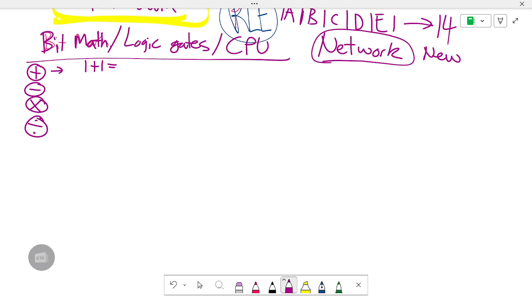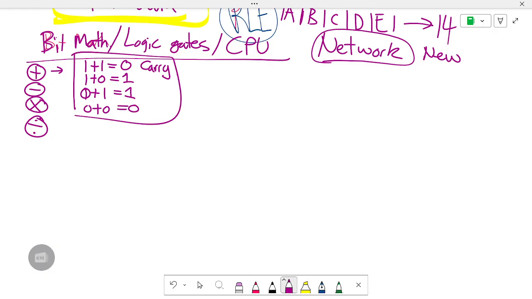It is equal to 0 with a carry. 1 plus 0 is equal to 1. 0 plus 1 is equal to 1. 0 plus 0 is 0. These are the rules for binary addition. If you can just study those rules, that's all you need. We don't need to go through any problem. You do that in your notes.